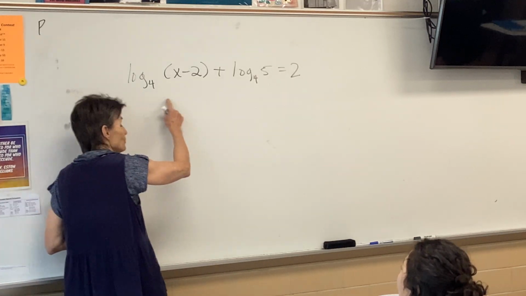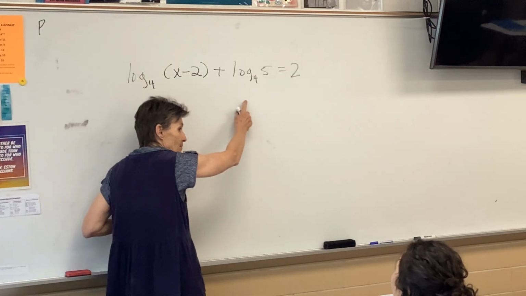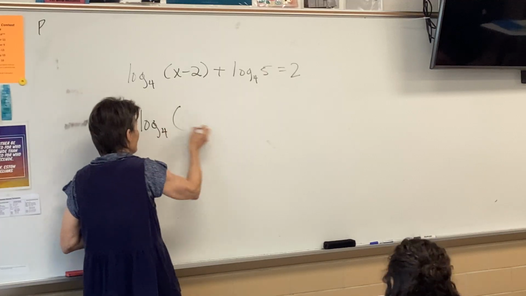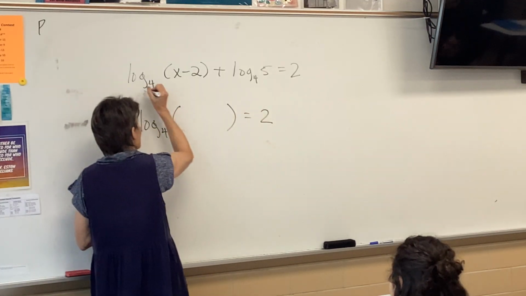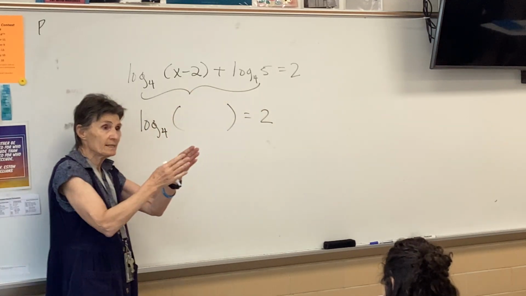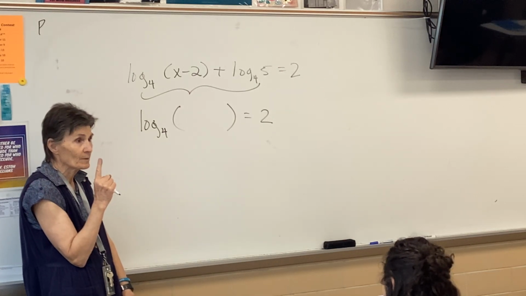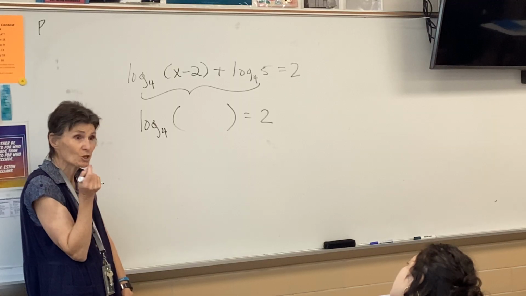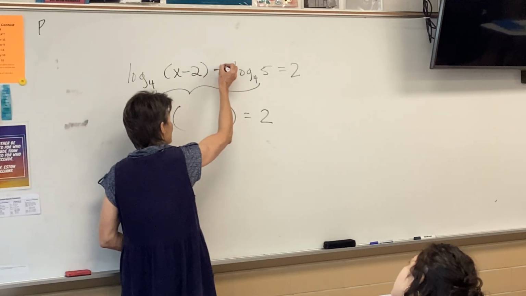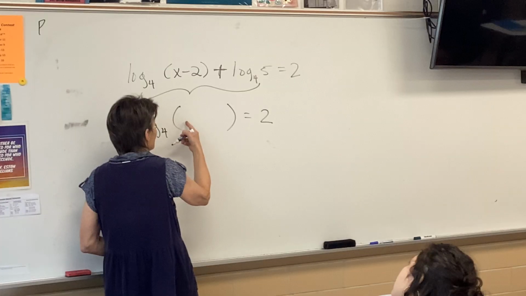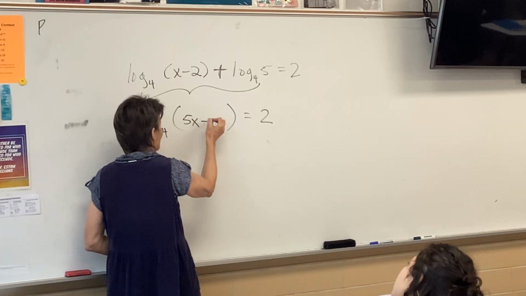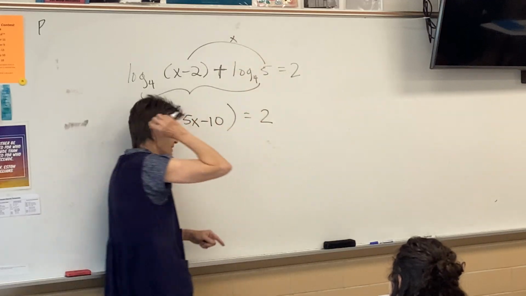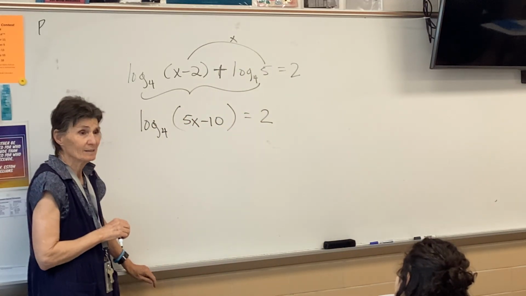So we're going to put those together into one logarithm. These two get condensed into one logarithm. And Erica said they go together as a multiplication because that's an add. So when I put these together, it's going to be 5x minus 10. I'm going to multiply these things. Remember that? I hope so.